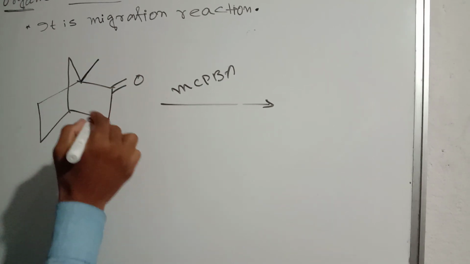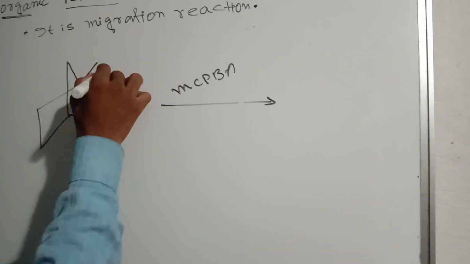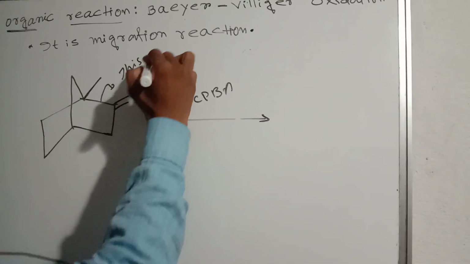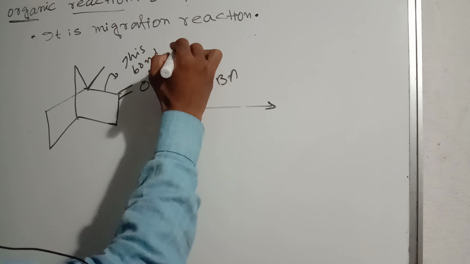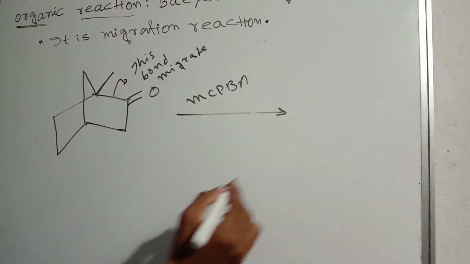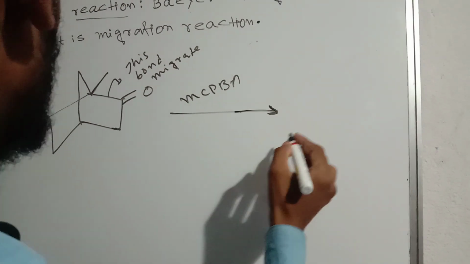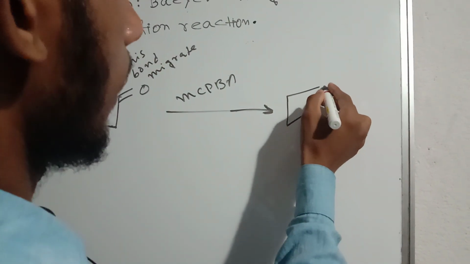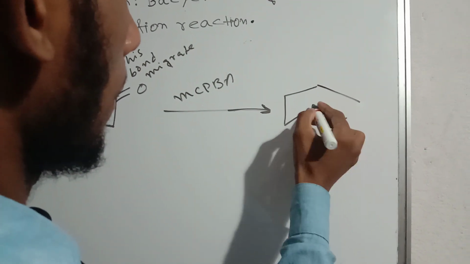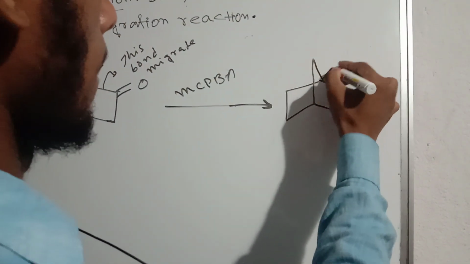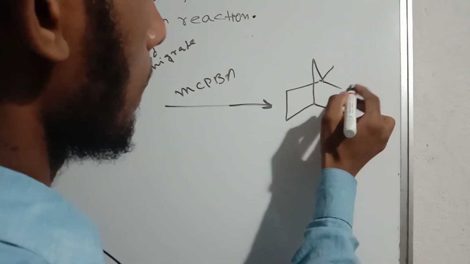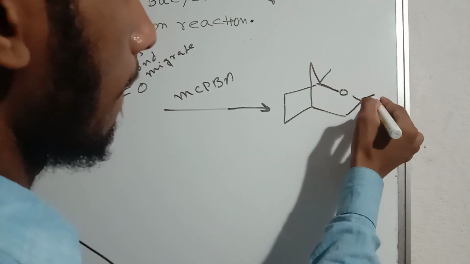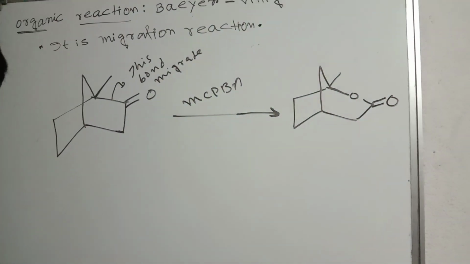We know that the tertiary butyl group migrates, and hence this bond will migrate. Ultimately we get the insertion of oxygen between the migrated group and the carbonyl. We get this.